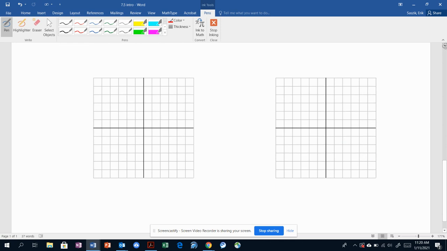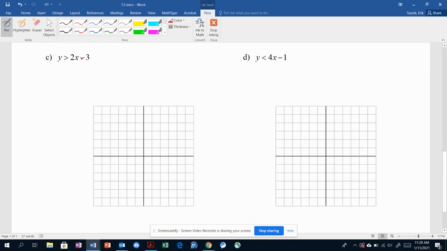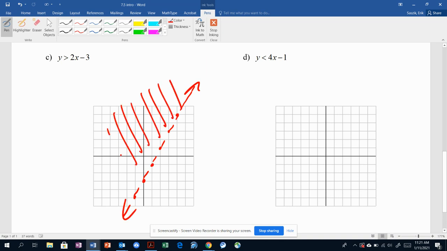Down here with these two on the bottom, we just graph this like normal. There's the -3, up 2 over 1. We'll do that a few times. Let me go backwards. And then remember, it's plain greater than, so we're going to draw a dashed line. And it says y is greater than. y gets bigger in the upwards direction, so we would shade above the line.